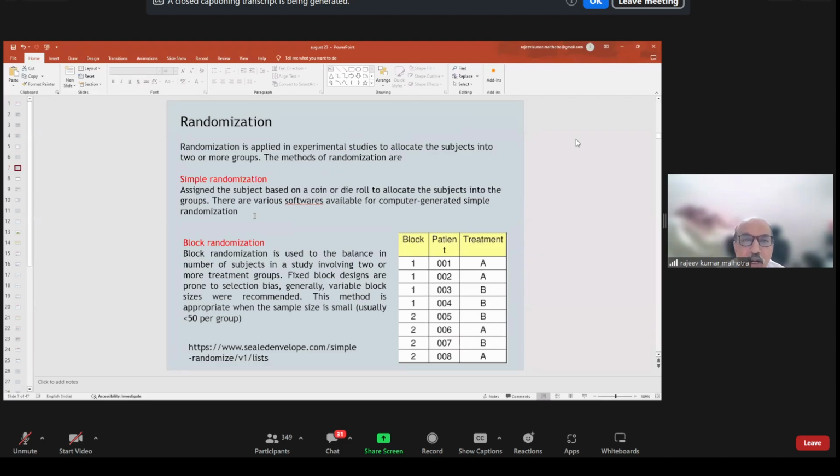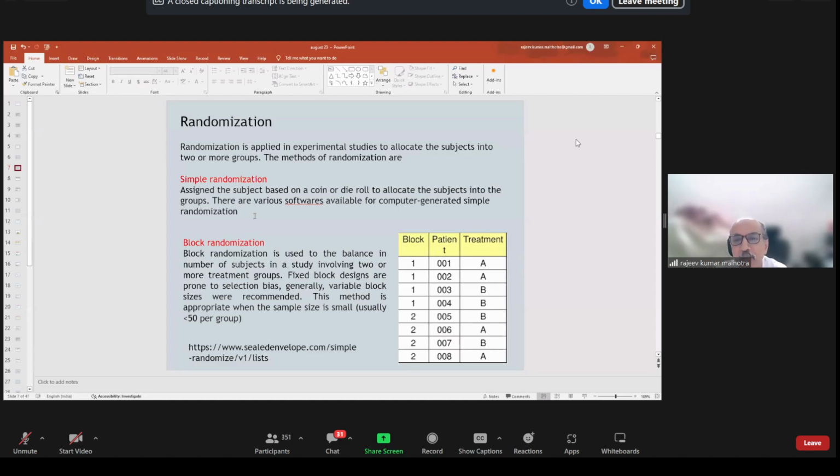What is the meaning of randomization? Randomization is applied in the experiment, as I told you earlier. We do randomization in controlled trials to eliminate the known and unknown confounders. There are different methods for randomization. The first is simple randomization.